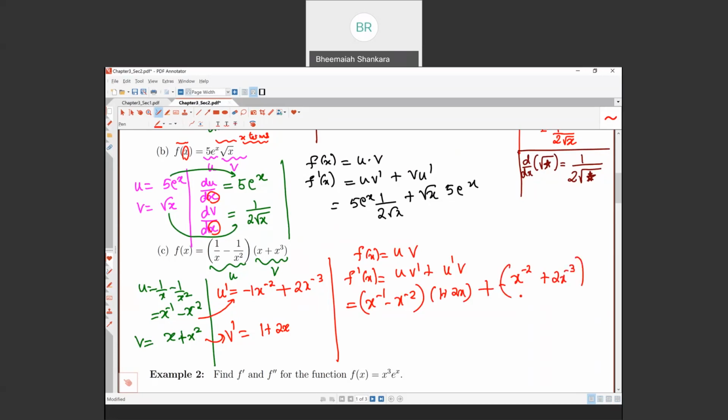This is your u prime times v, which is x plus x squared. You can write one step ahead. You can write this as 1 over x squared. Avoid the negative exponents: 1 plus 2x, 1 over x squared, 2 over x cubed, x plus x squared.